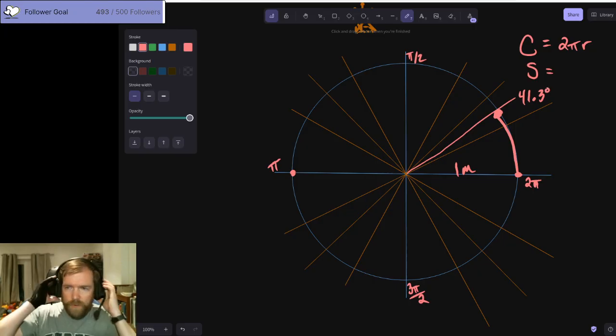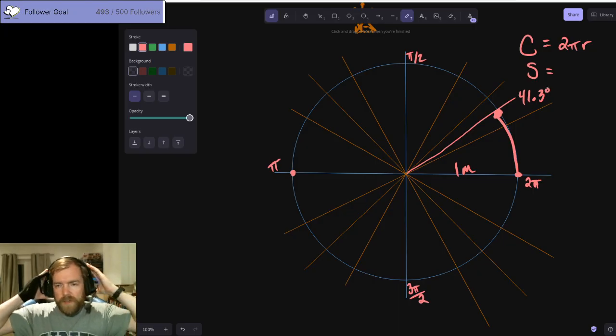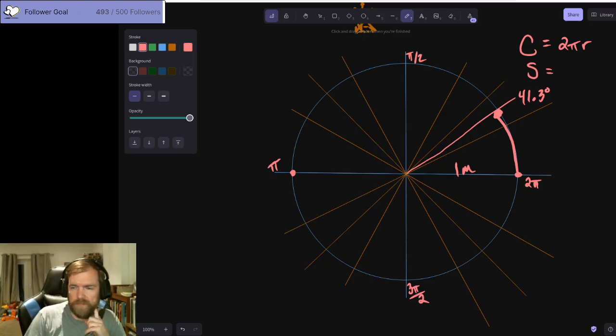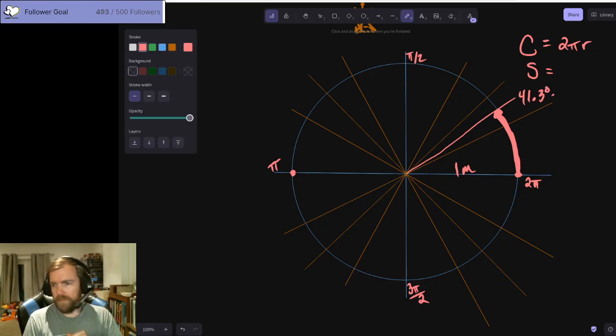How do you do 41.3 degrees when you're looking at arc length around the edge of the circle? Students are going, well, I'm going to have to do this as, this is still going to be 2 pi times this 41 point portion of the circle.